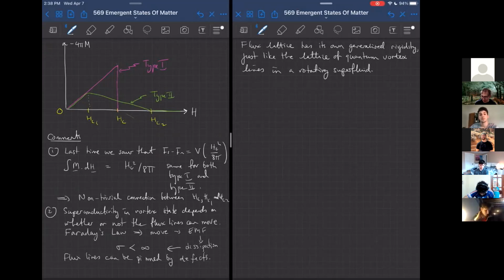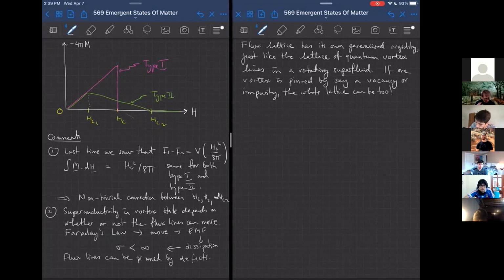So in other words, if one vortex is pinned by, let's say, a vacancy or impurity, the whole lattice is as well. And so all that interplay is really quite complicated.